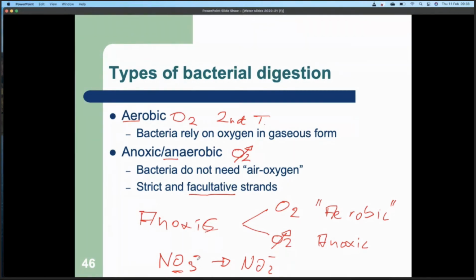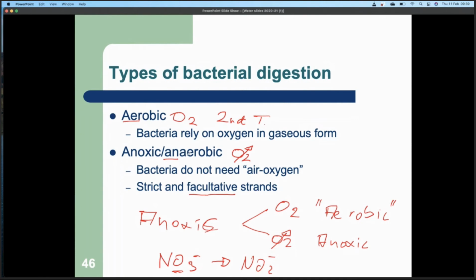I personally find this complicated because it's not really well described in the names, but if you wanted to remember it this way: aerobic bacteria need air and won't function well without air. You have facultative strands within the aerobic bacteria that can also switch their respiration to other forms of oxygen, particularly nitrogenous oxygen, so they can start breathing nitrate.